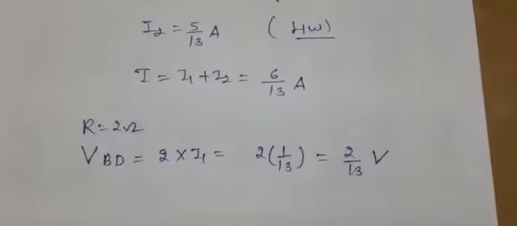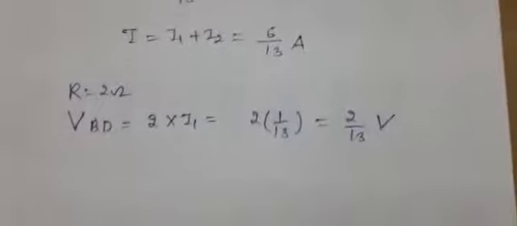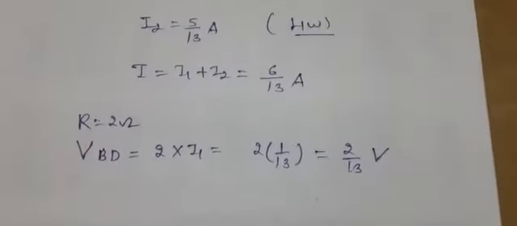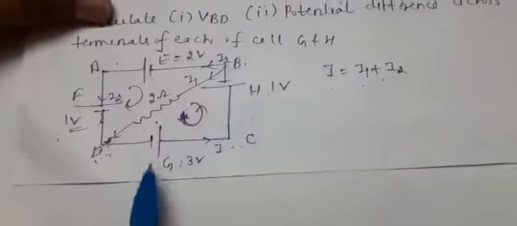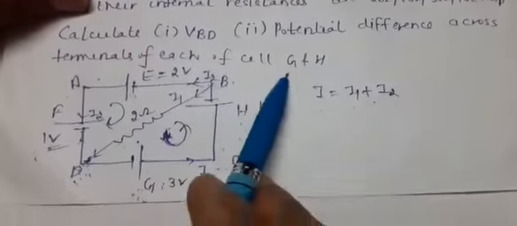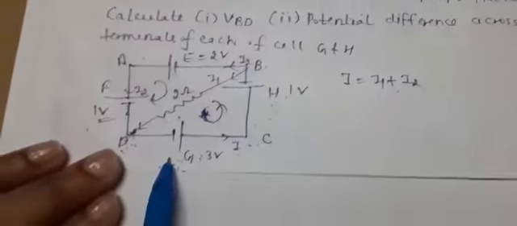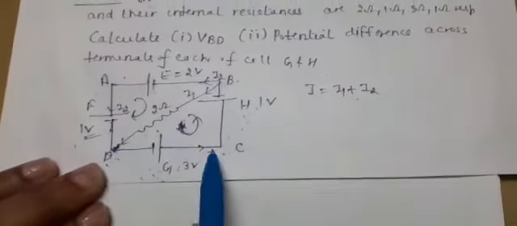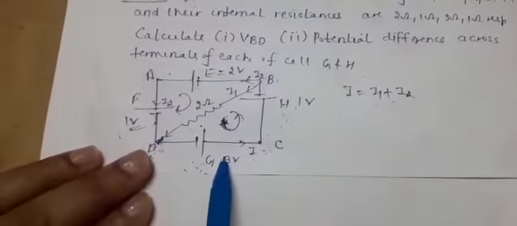Next point we have to carefully understand, as we have to find the potential difference across the terminals of each of the cells G and H. You can see in the figure here G and H. So for this cell G, the potential difference will be E minus Ir.